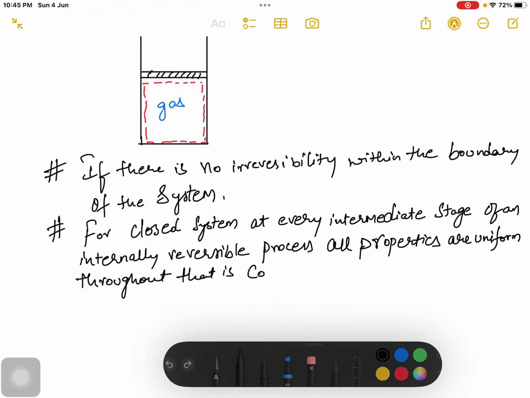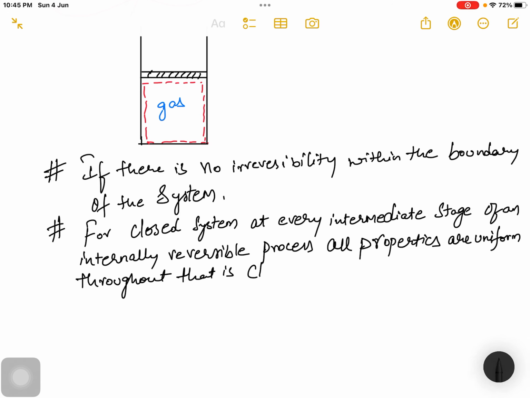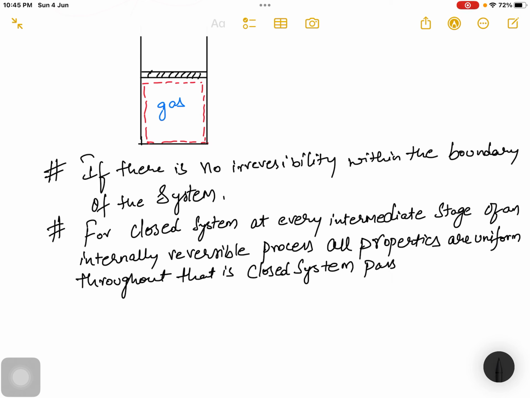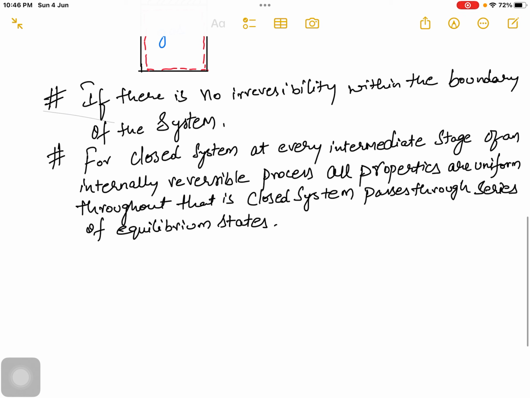That is, the closed system passes through a series of equilibrium states.